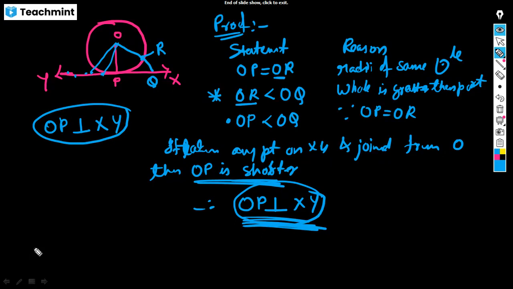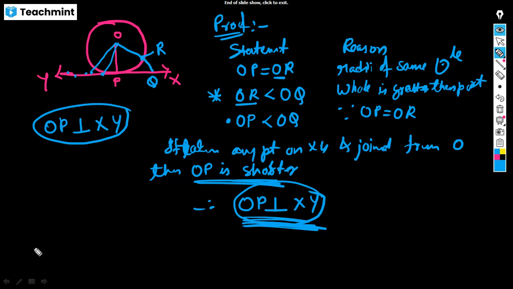OR is lesser than OQ, sir. Why? Because of axiom 5, whole is greater than part. Next, in place of OR we wrote OP, because OP is equal to OR, radii of the same circle. So OP is smaller than OQ because OP is equal to OR.